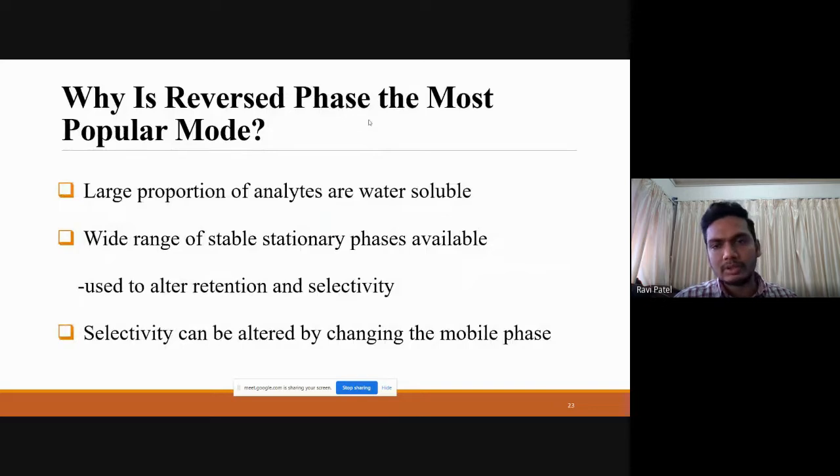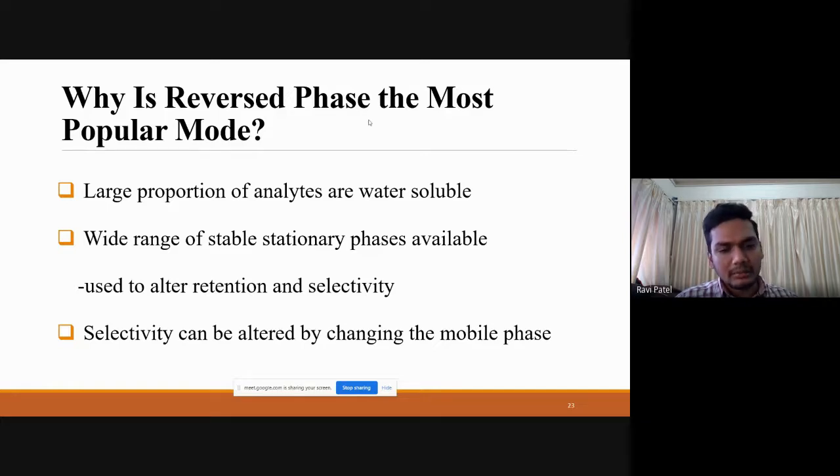Why is reverse phase the most popular mode? If we see the thesis of any M.Pharm students, they generally use reverse phase HPLC. Why? Because a larger portion of analytes are water soluble. A wide range of stable stationary phases are available, because columns are different. As we all know, C18 and C8 are widely preferred.